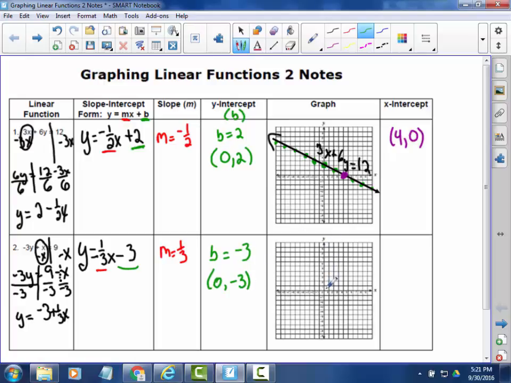So on my y-axis, find the origin, and I count down 1, 2, 3, and then I move positive 1, positive 3. Okay, and then I could reverse it and go negative 1, negative 3.